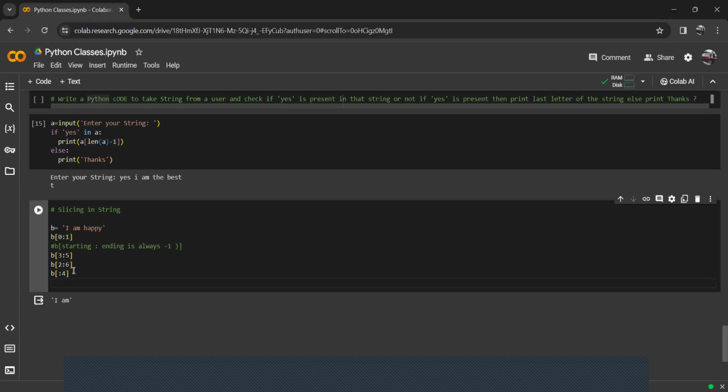Now, same like this, if we write B 2 colon, tell me what will be the output? Let's check. Correct. If you are not giving any ending, by default the ending will be last.